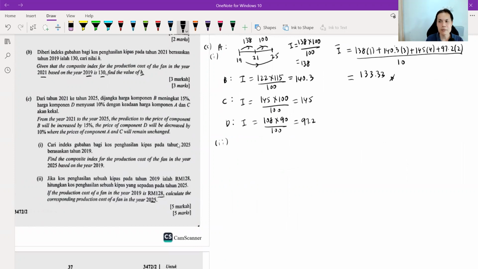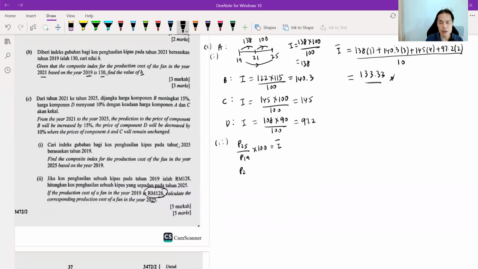So here, this is an assumption: when your overall cost of the components increased by 33.3%, your overall production cost must increase at the same rate. So we can say the price in year 25 divided by price in year 2019 times 100 must equal this composite index.